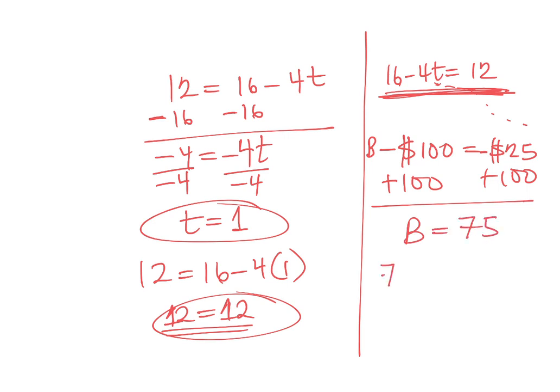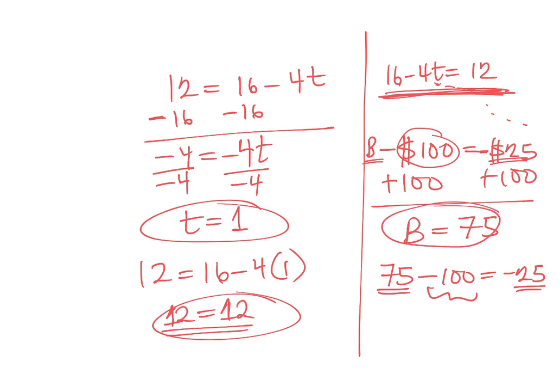So let's say you had $75 and you didn't know, and you used your ATM card, which is not good at this point because you're going to have a negative value. Notice that you have to look at the balance. But because the person didn't look at the balance and they took out $100, now they're at negative $25. So see how we set up the equation. John took out $100 from his bank account, and he ended up with a negative $25 balance. What was his balance before he took out the money? And we solved, and we found it to be $75.